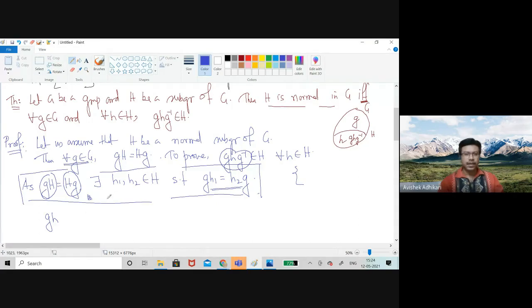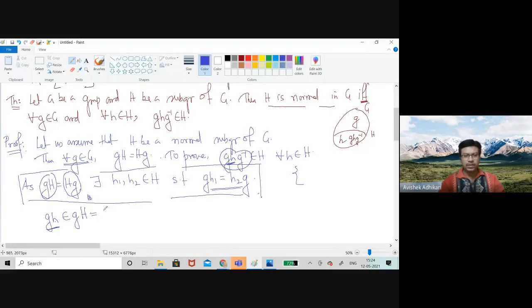Good. The expression is g h g inverse. So it consists of gh. Have a look at what gh is. So gh must belong to gH, because h belongs to H. As a result, g dot h must be within this set.